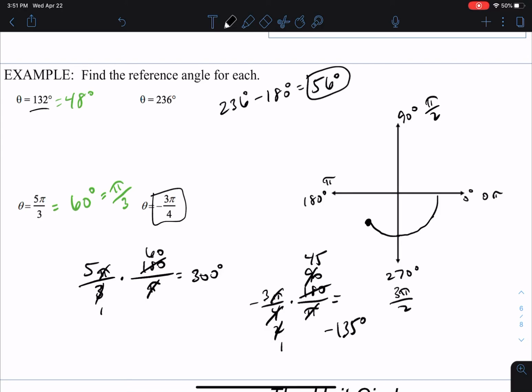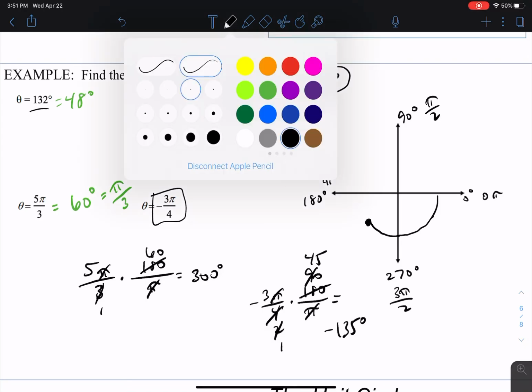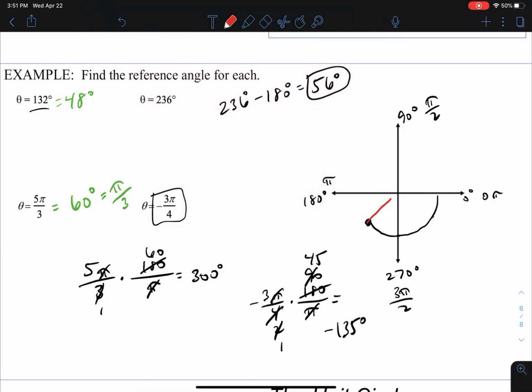Let me draw the angle opening. The angle opening is the black arc. The reference angle goes back to the x-axis, so that's going to be right here.